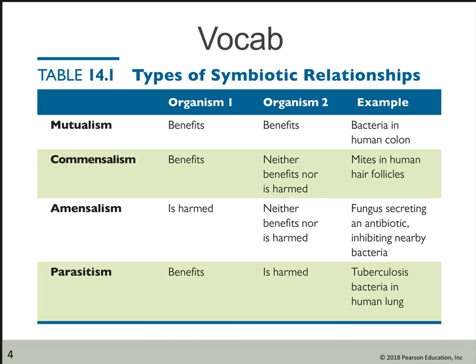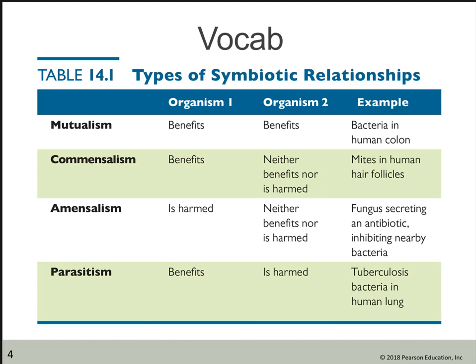Amensalism is a relationship in which one organism is harmed and the other one neither benefits nor is harmed. An example of this is a fungus that secretes an antibiotic that kills another organism, but it doesn't gain anything from that second organism. And the last example is parasitism, in which one organism benefits from the relationship and the second organism is harmed.